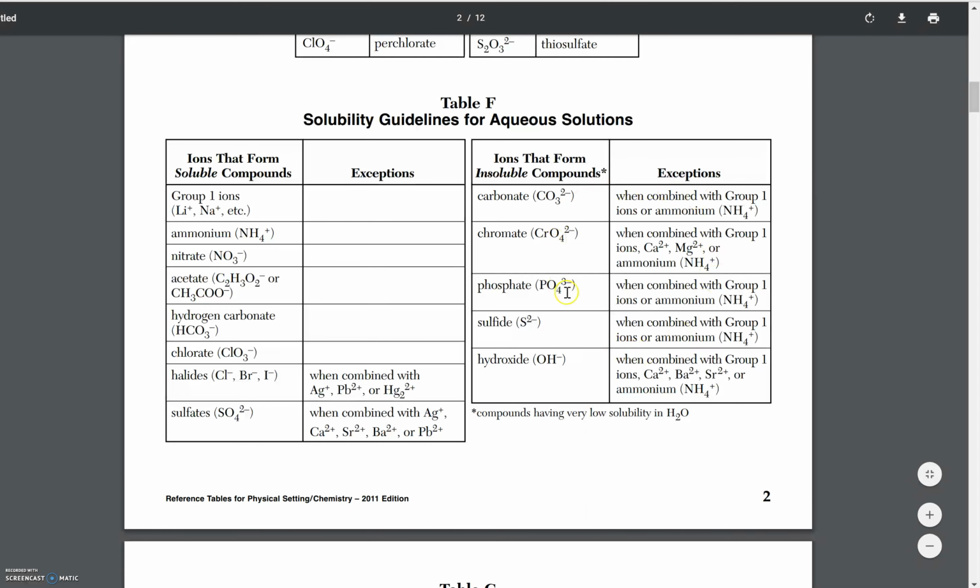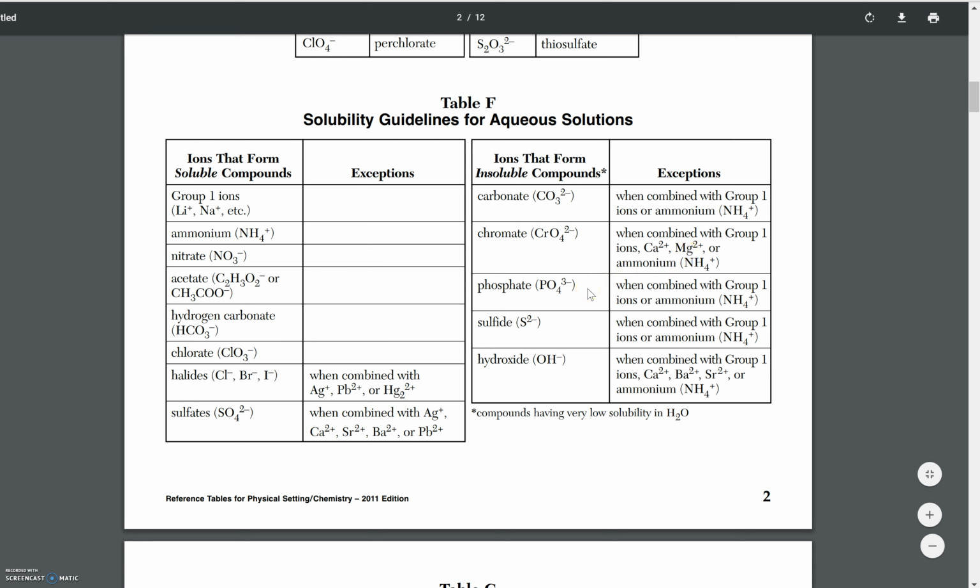The table on the right here says which ions are not soluble compounds. So carbonates are not soluble in water unless they're combined with group 1 or ammonia, group 1 ions or ammonia. Chromates are not soluble unless combined with group 1 ammonia or these ions, calcium or magnesium.